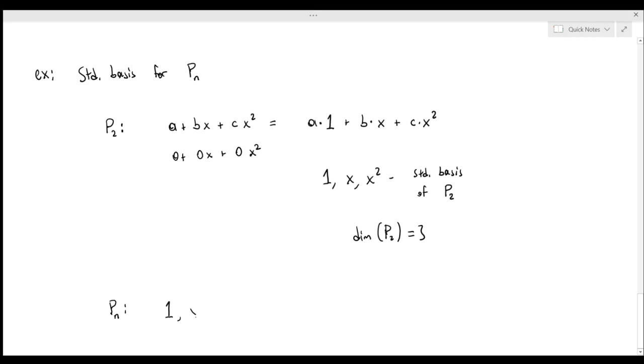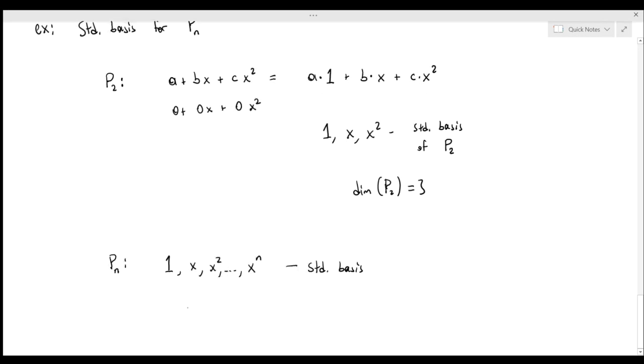The polynomials 1, x, x squared, and so forth, up to x to the n, give us the standard basis for Pn. And the dimension of Pn is going to equal n plus 1, because there are n plus 1 polynomials in this list.